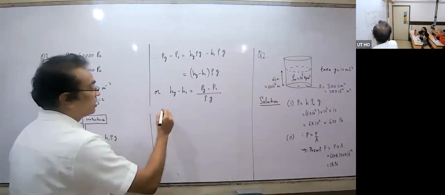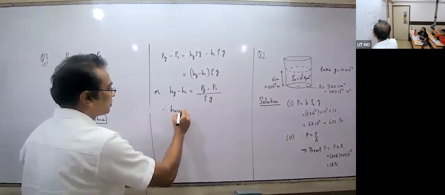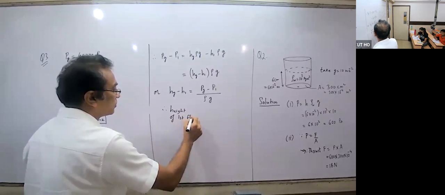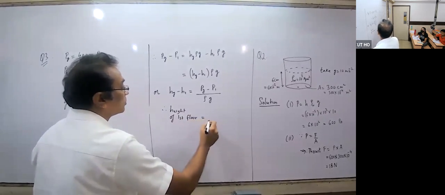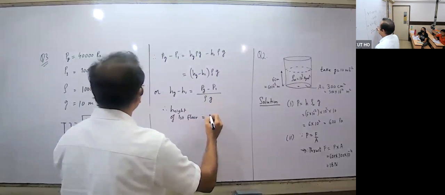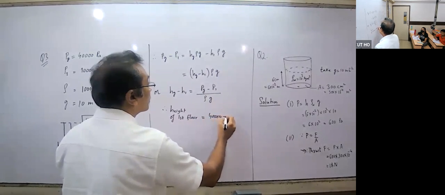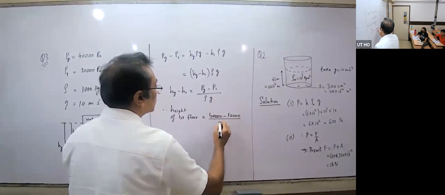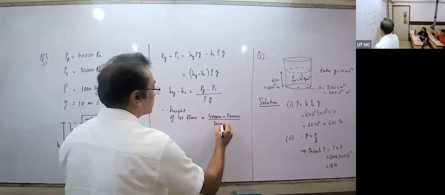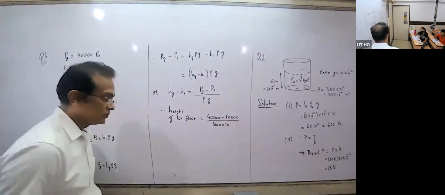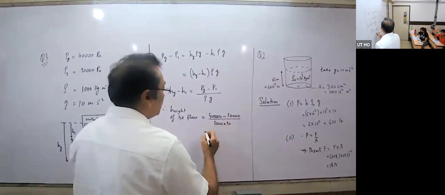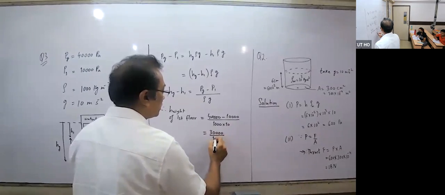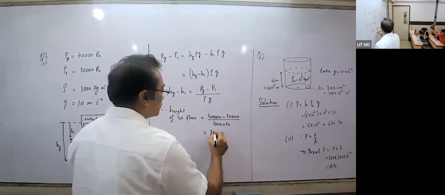But Hg minus H1 is the height of the first floor. It is equal to, what is rho g? 1000 into 10. So 40,000 minus 10,000 is 30,000, divided by 10,000. So this is 3 meters.